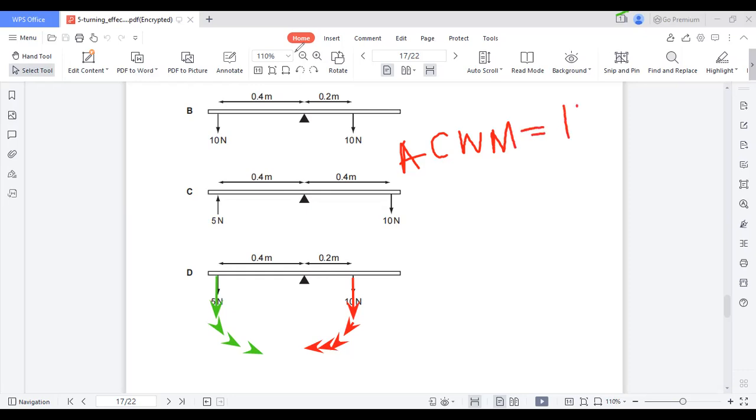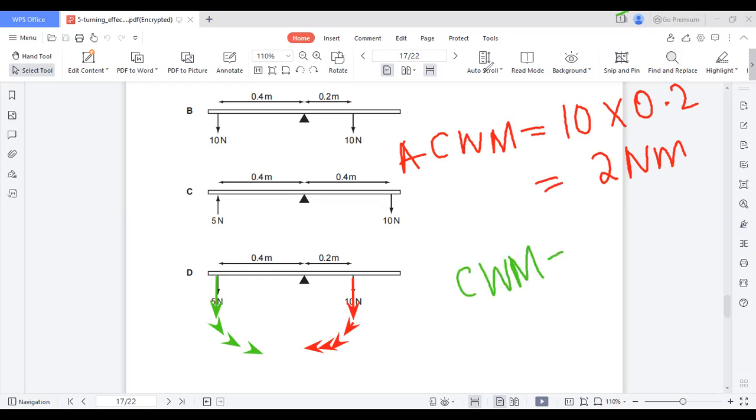So 10 Newton force and 0.2 is the perpendicular distance, so it is 2 Newton meters. And for the clockwise movement, 5 Newton is the force and 0.4 meter is the perpendicular distance, so it would be 2 Newton meters.